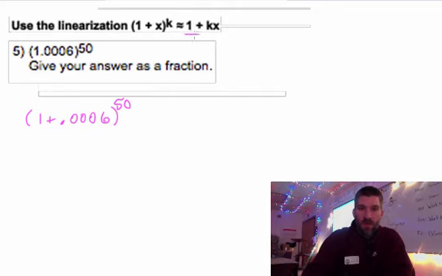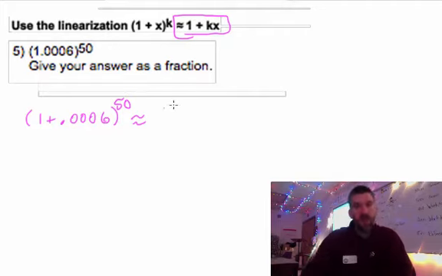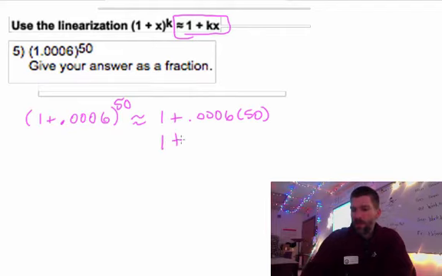So if I follow this rule right here, then this is approximately, not exactly, approximately equal to 1 plus 0.0006 times 50. Okay, so work that out. What is that? That's 1 plus 0.03, which is 1 plus 3/100, which is 103 over 100.